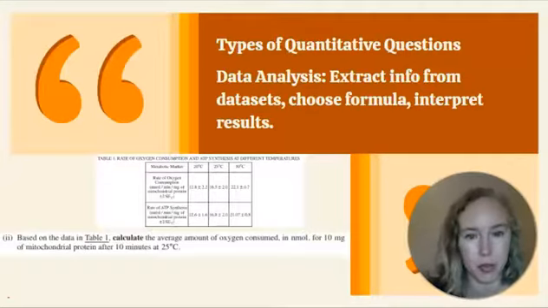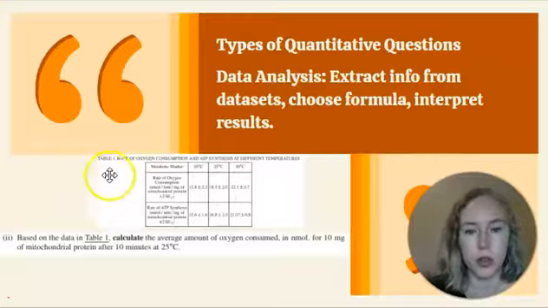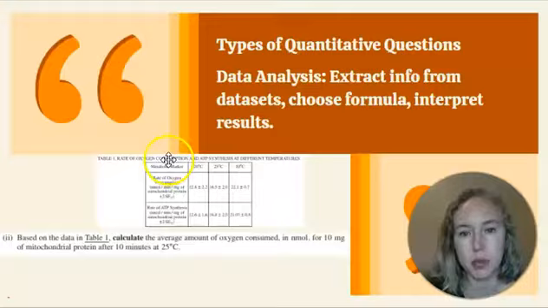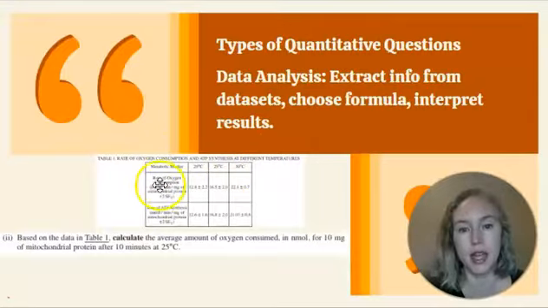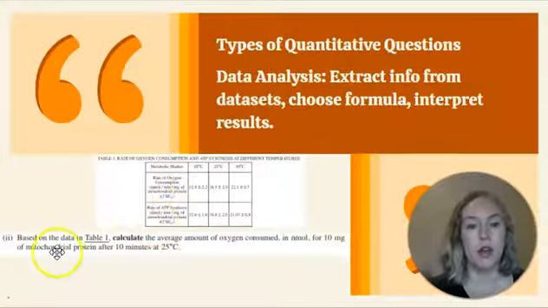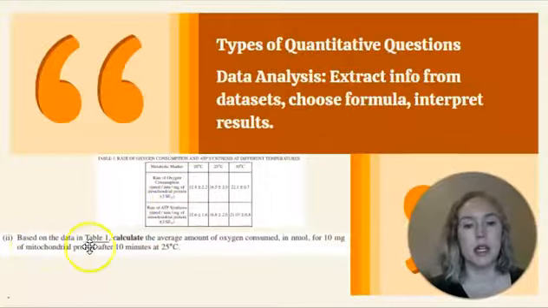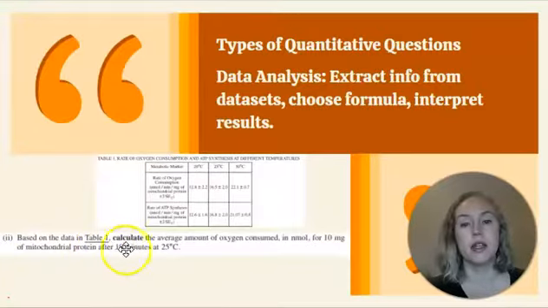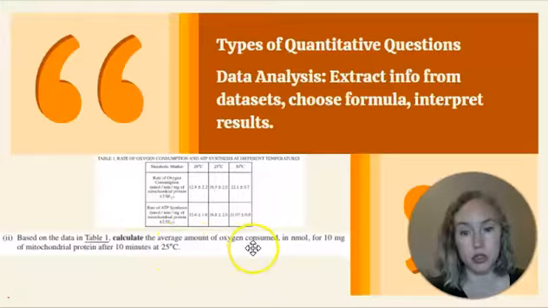So in this example, this table shows the rate of oxygen consumption and ATP synthesis at different temperatures. So you have different temperatures and different outputs, ATP or oxygen consumption. And then the question asks, based on the data in table 1, calculate the average amount of oxygen consumed.